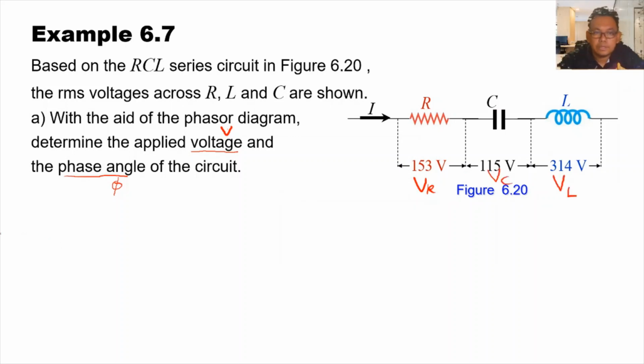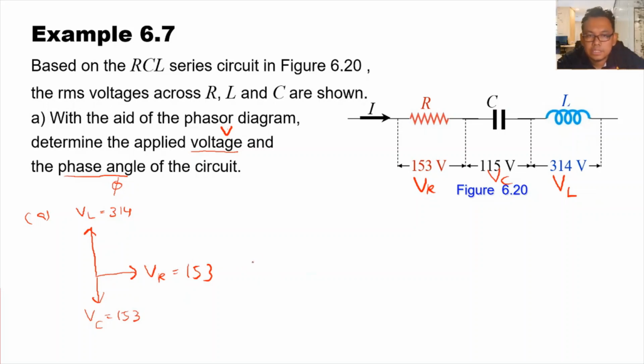So for the phasor diagram, we always start with R on the x axis. So we have 153, and we have VL going up there. VL is equal to 314, and downward here VC is equal to 153.